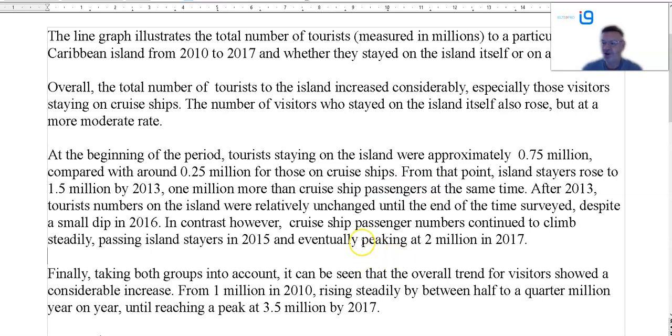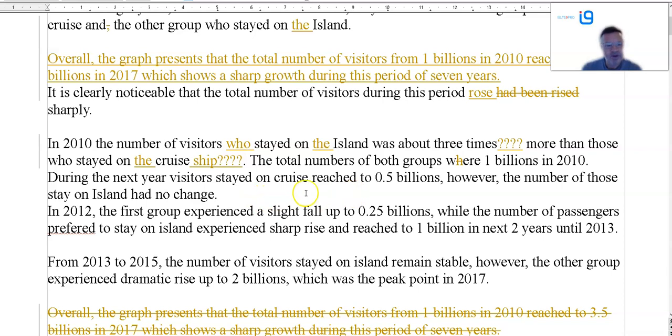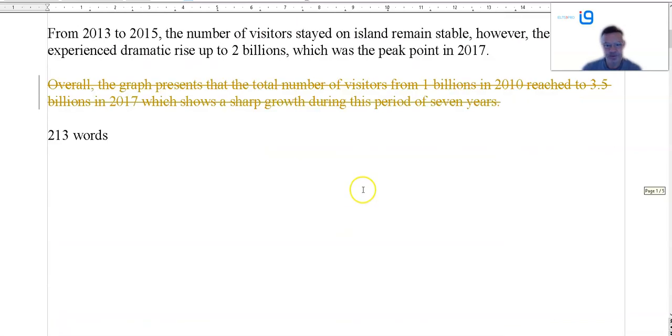So I'm trying to vary the language as much as possible. Those who stayed on the island was unchanged or had no change. Again, no figures. So the first group, we can see this is a bit of a jumble. It's not very clear or logically arranged and organised.